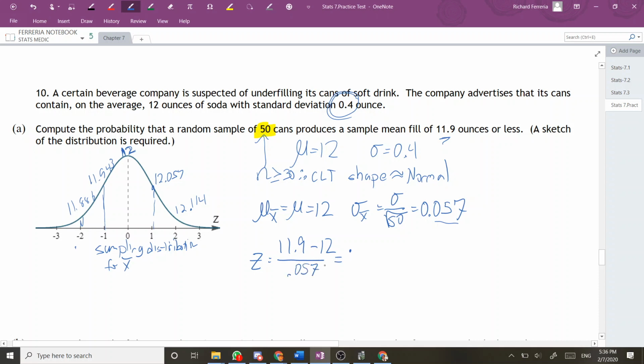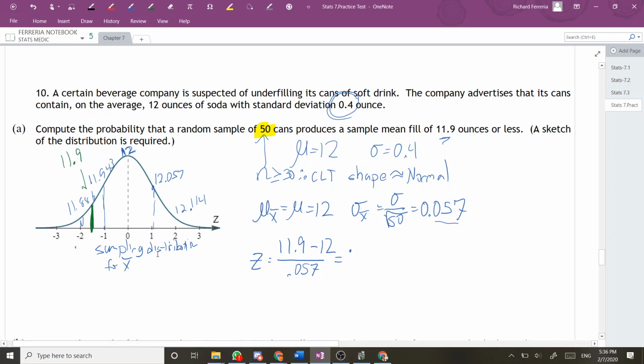Before we compute that z-score, maybe I should find out where 11.9 is on my normal curve. That should be somewhere between 11.886 and 11.943. Let's pretend that it's right in the middle here. That should be 11.9, somewhere over there. So I should see a z-score somewhere between -2 and -1. Hopefully my maths works out correctly.